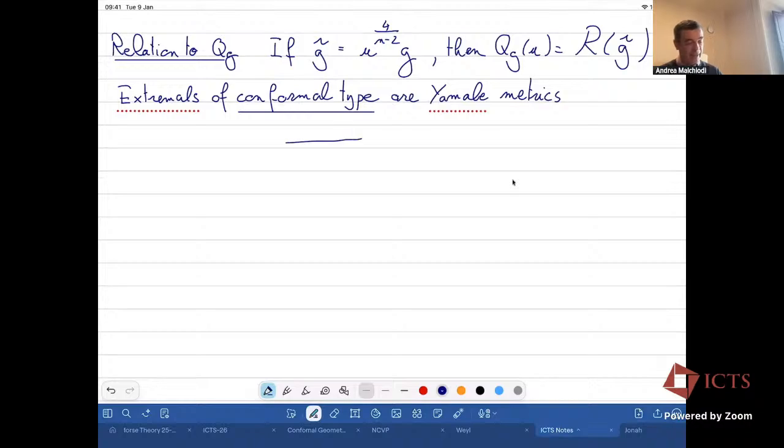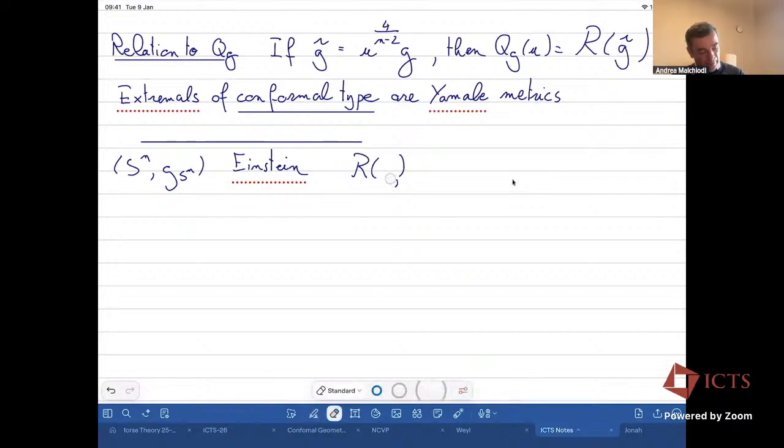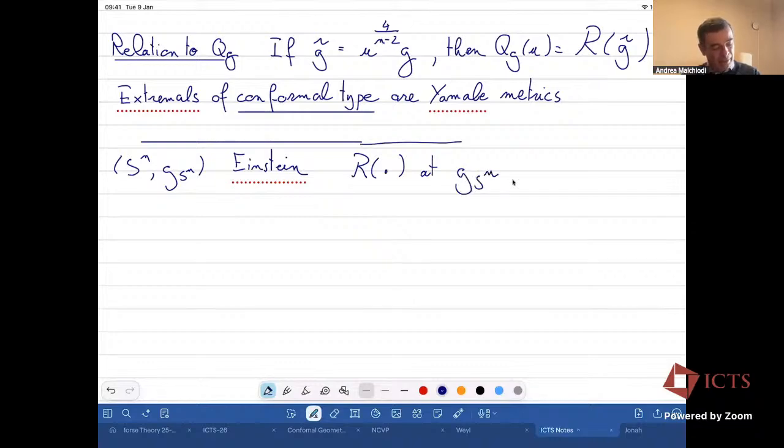Let's take the case of the round sphere, S^n with g_{S^n}, which of course is Einstein. If you consider R of g at the round metric, the round metric is Einstein, so it is a stationary point of this action, but it has a saddle structure. So it goes like this.